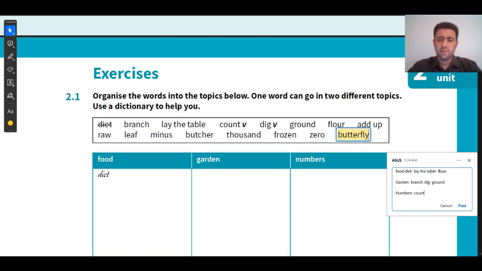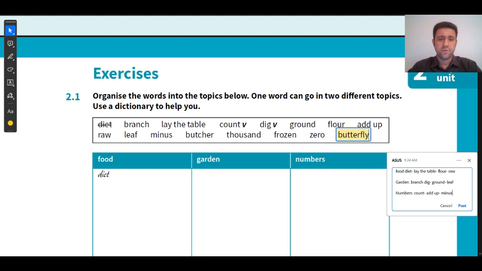Add up. Can write it in numbers category. Raw, as an example, raw meat is related to food. Leaf is related to garden. Minus is related to numbers.